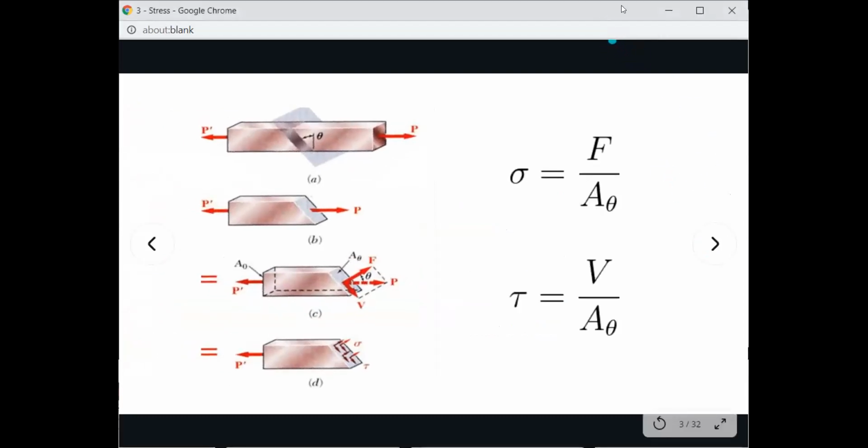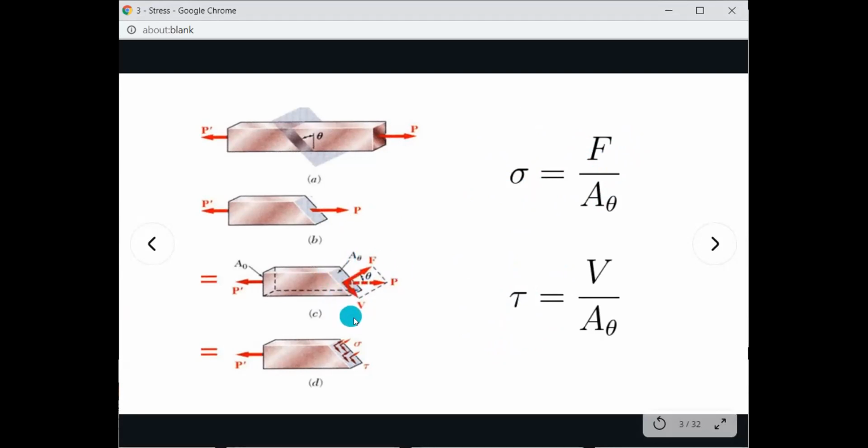We have this normal stress and the shear stress. When we say normal stress, the force F is normal, or perpendicular, to the area.